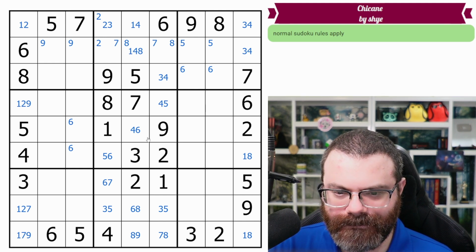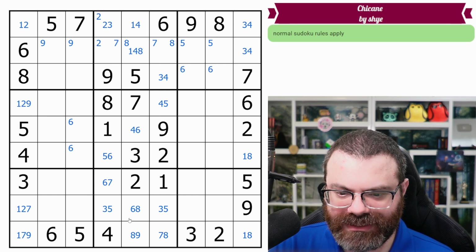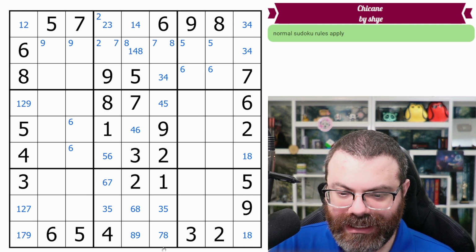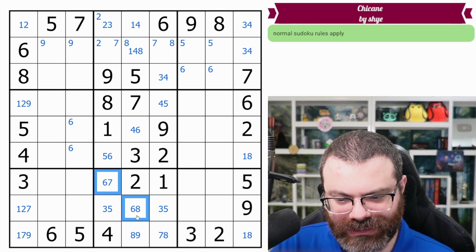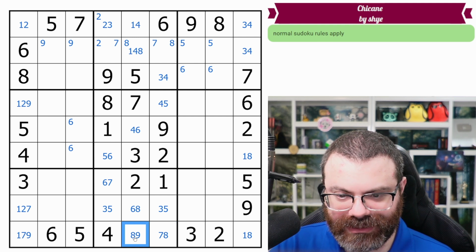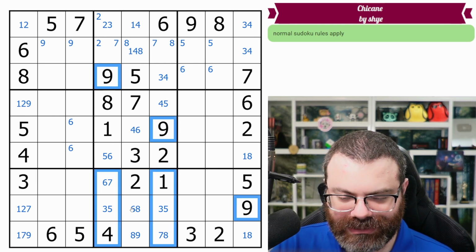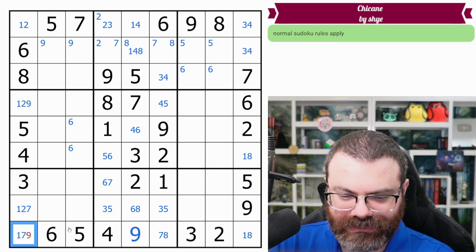I think this vertical's good. Let's do this vertical. Actually, is there something 6, 7, 8? Hold on, 9's a single in this box. I didn't actually notice that. So let's place the 9.